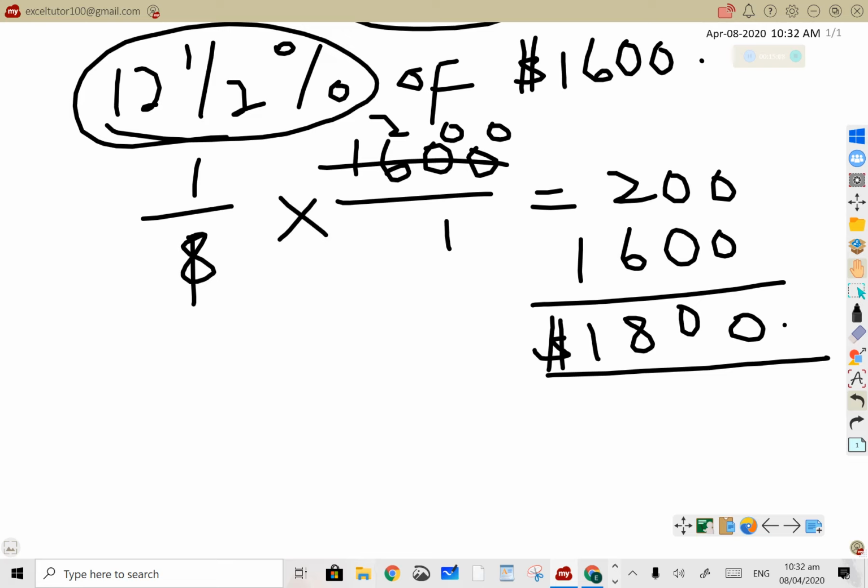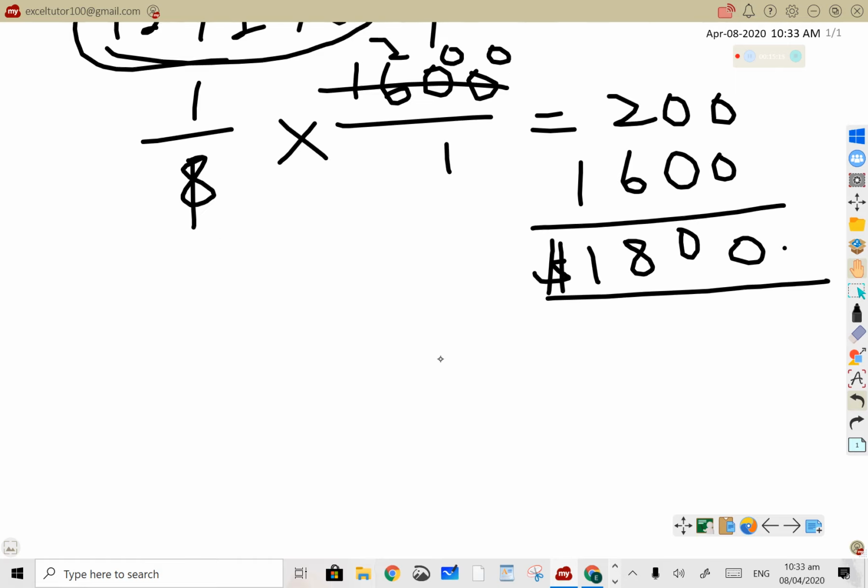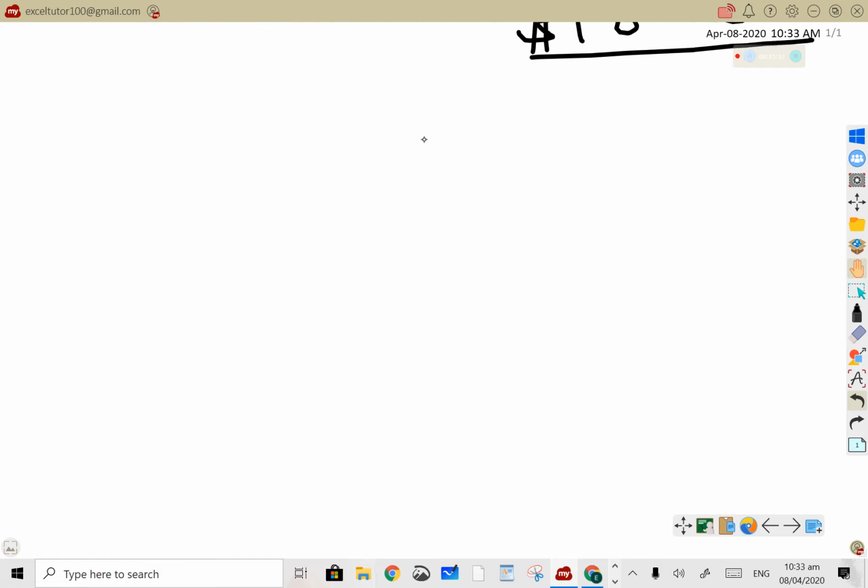It was the easier topic, right? So if you cannot use the percentage, then you can revert back to using your fractions. So that is the second type of conversion.